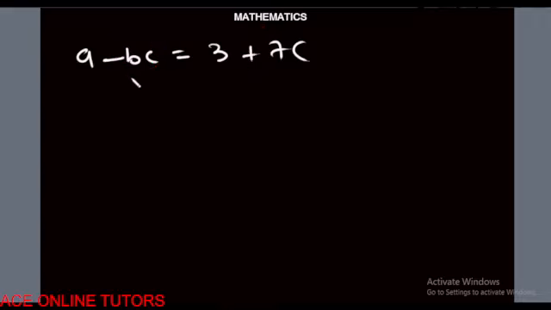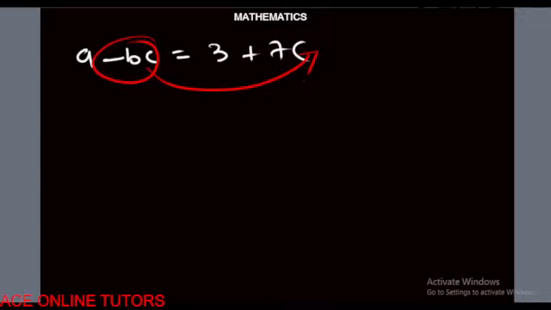The reason I'm taking this to this side and not the other is because this one has a negative sign, so I want that negative to become positive. Bringing the other here, I would still be able to get the answer, but it's going to give me more problems. So I'll just take this to this side.